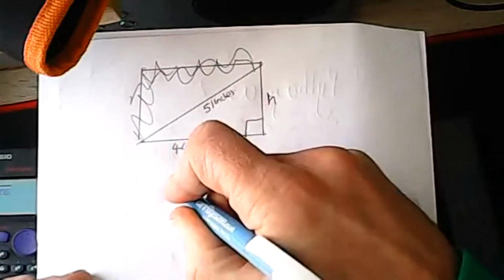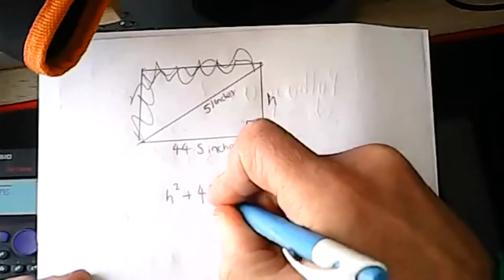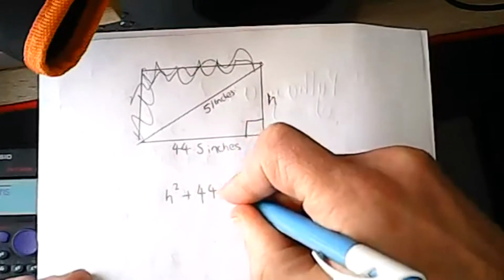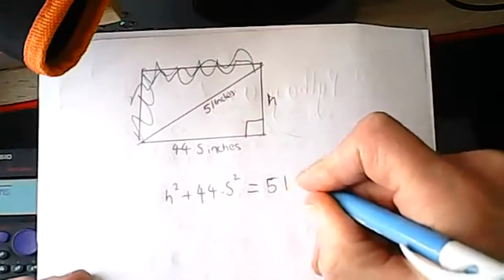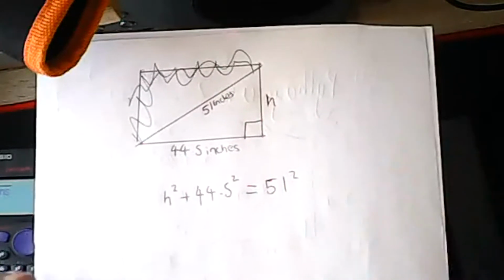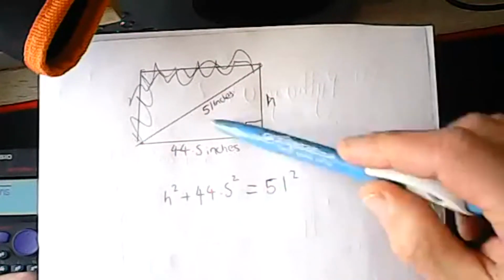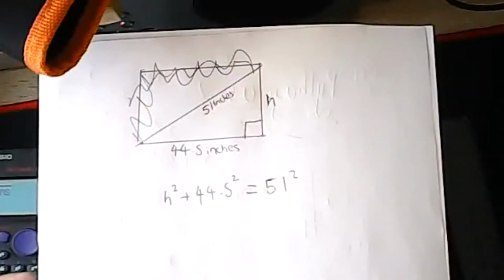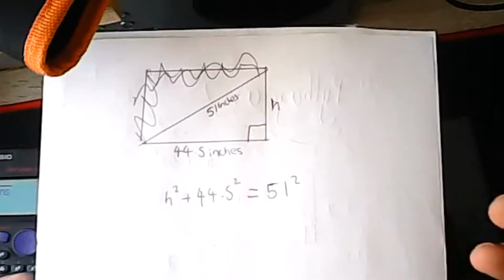So we're going to go h squared add 44.5 squared equals 51 squared. The square of the two small sides added up makes the square of the hypotenuse. So we need to rearrange this.